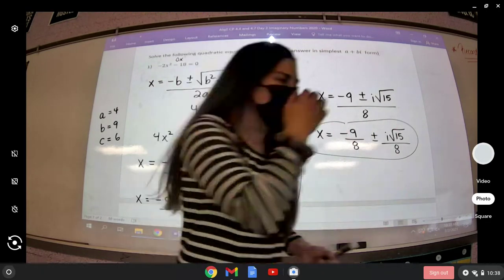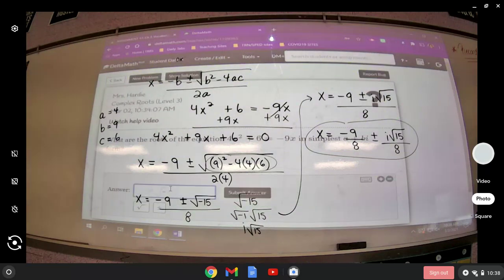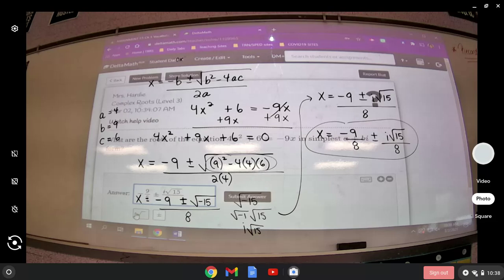So now let's type that in. We're going to do negative 9 divided by 8, right arrow, get out of that fraction, plus or minus. Now I want i times the square root of 15. Make sure you right arrow out of that square root and then divide by 8.